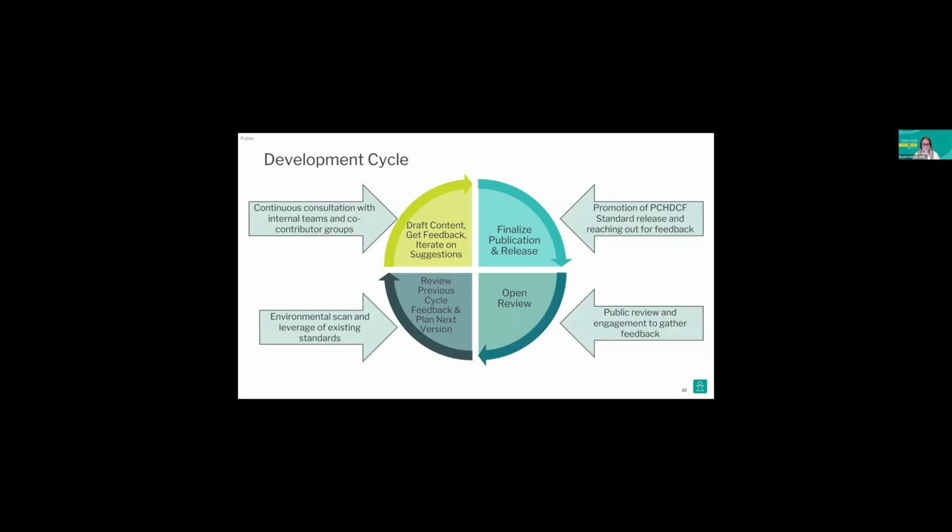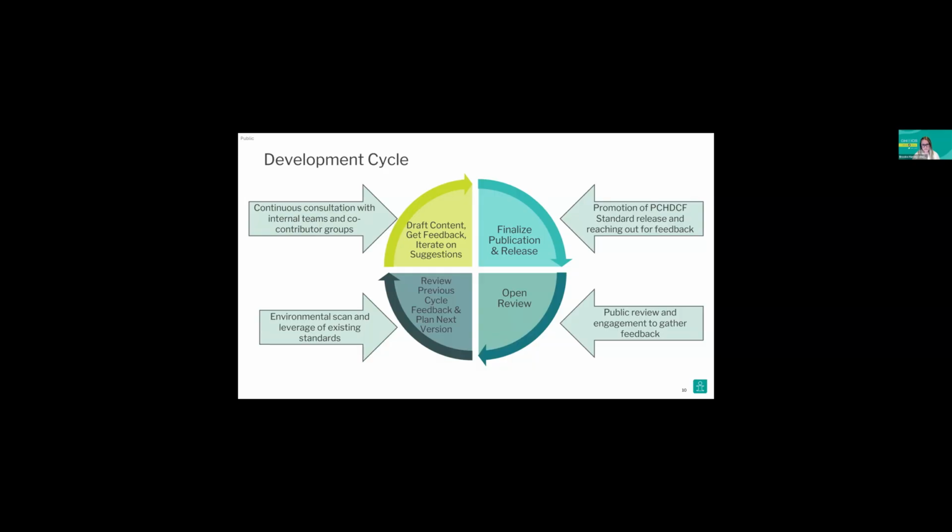Then the focus shifts to readiness for publication and release. And during this period, the content's finalized, aligned across relevant standards, and prepared for publication. Once published, the standard is promoted and shared more broadly to build awareness and support uptake, while outreach continues to gather feedback.